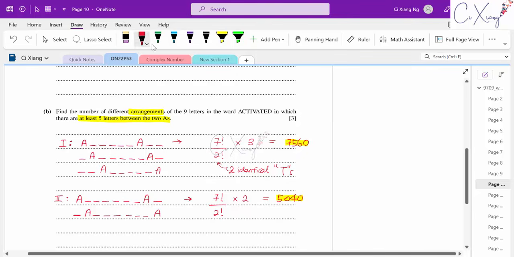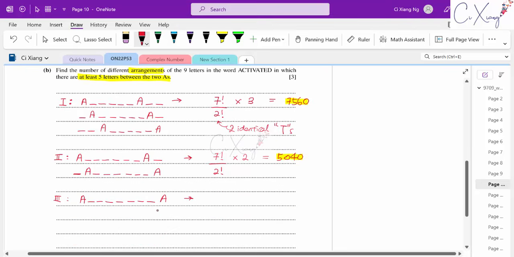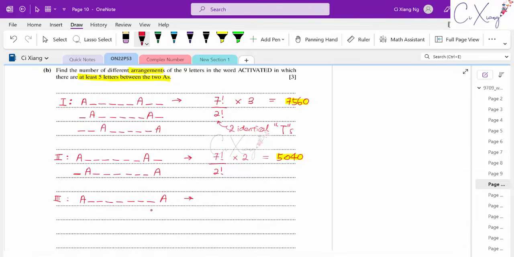Okay, so is there any other possible result? We can still have 7 letters between 2 A's. So the case will be A, and then 1, 2, 3, 4, 5, 6, 7, then A. For this particular case, there's only one kind of position I can place the A. I cannot move them here and there anymore because it is fixed that A must be at the beginning and at the end, so that the total letters are 9 and there are 7 letters in between the A's.